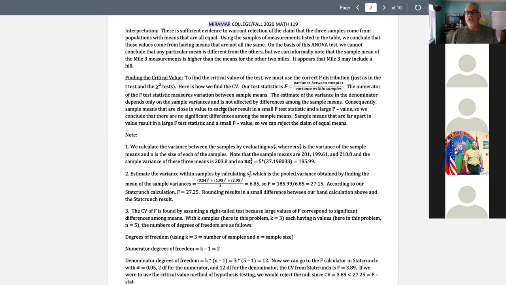Now, I want to do a little bit of discussion about how we actually put the F distribution together. It turns out to be a ratio. Remember how the chi-square was defined? The sum of the observed minus the expected squared.